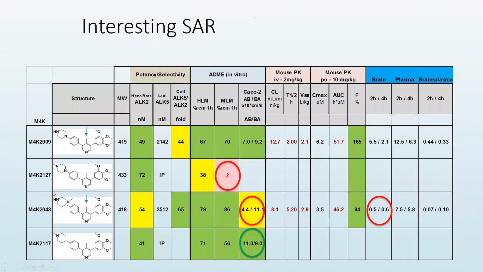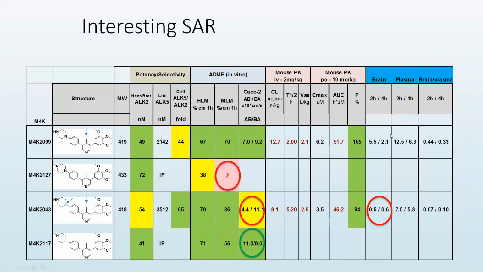And then the other interesting point on this slide is M4K 2043. This was a compound that we thought was very interesting. We moved it into mouse PK, both IV and PO. It had pretty good bioavailability and essentially similar pharmacokinetics to M4K 2009.